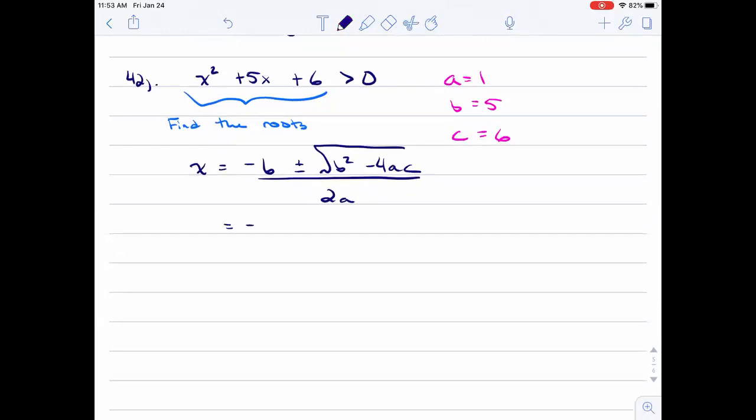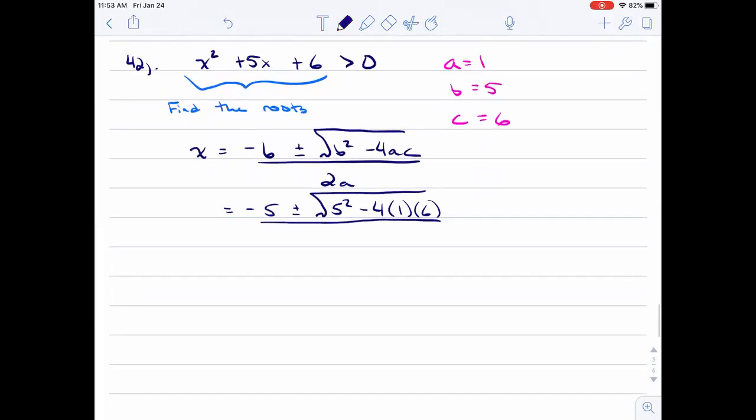Then we have negative 5 plus minus the square root of 5 squared minus 4 times 1 times 6 over 2 times 1.